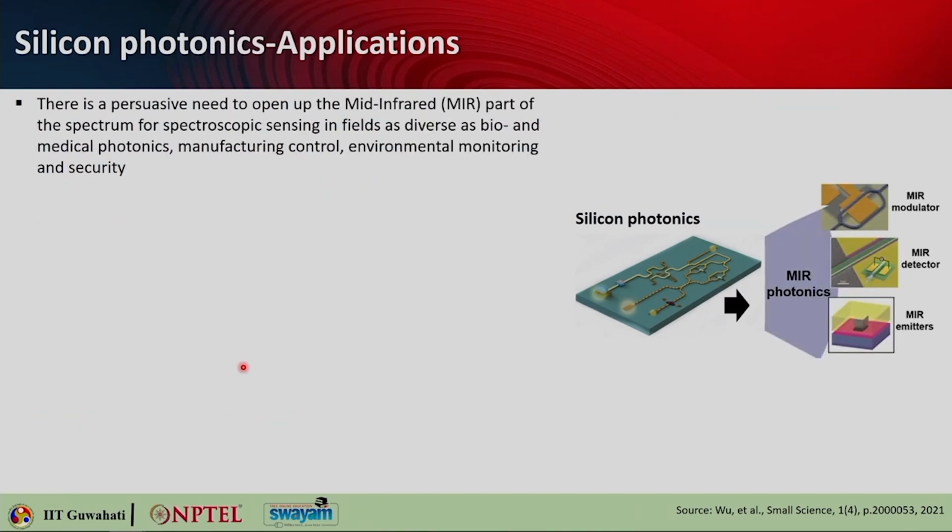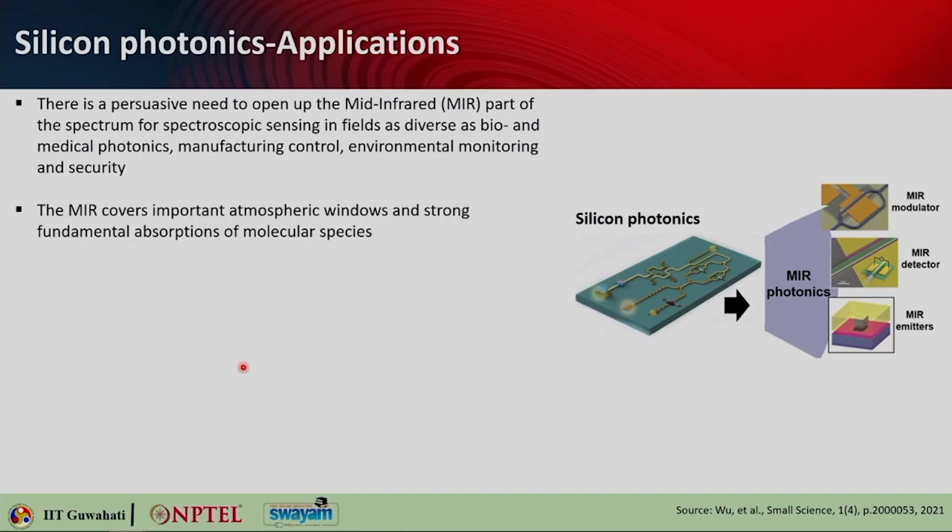You can also see silicon photonics being part of mid-infrared photonics. There is a persuasive need to open up the mid-infrared area of the EM spectrum for spectroscopic sensing in fields as diverse as bio and medical photonics, manufacturing control, environmental monitoring and security. For that, what do you require? You require modulators, detectors and emitters. So that is where silicon photonics is also going to help.